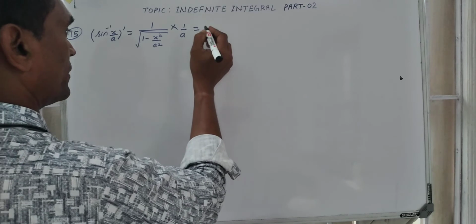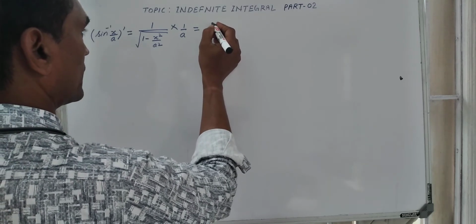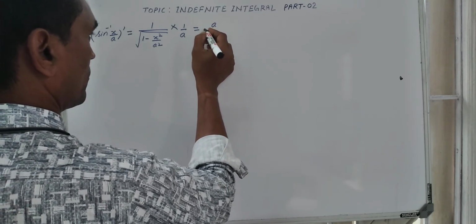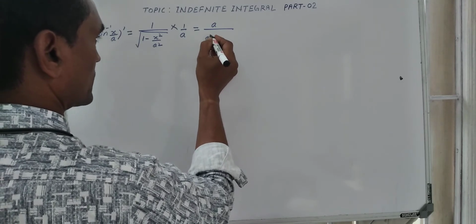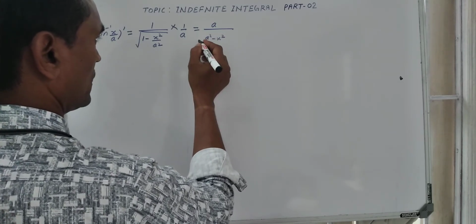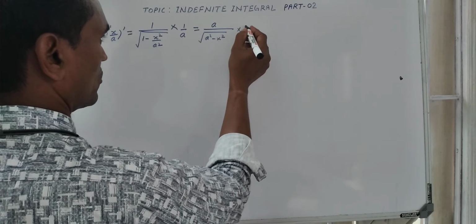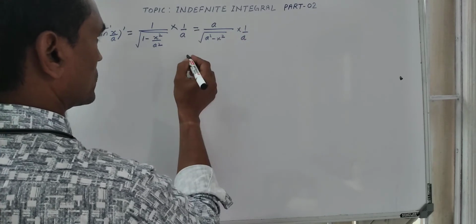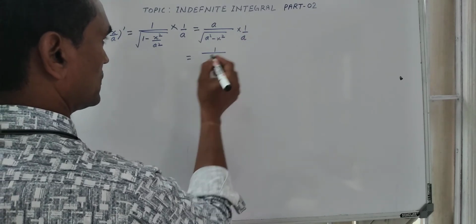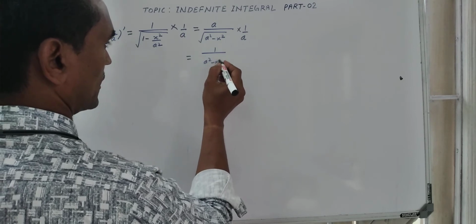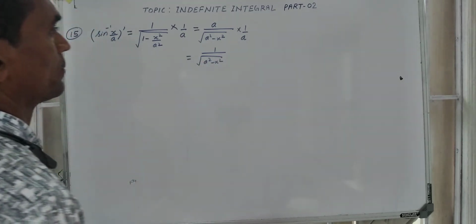When you simplify this, you will get a by the square root of a square minus x square, into 1 by a. So it is nothing but 1 by the square root of a square minus x square.